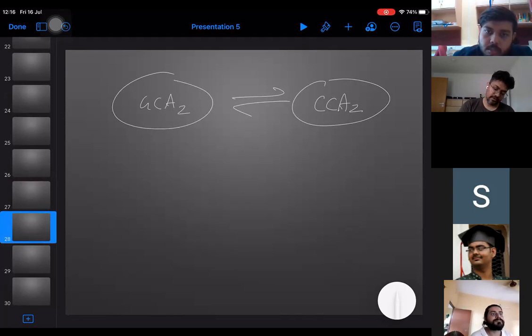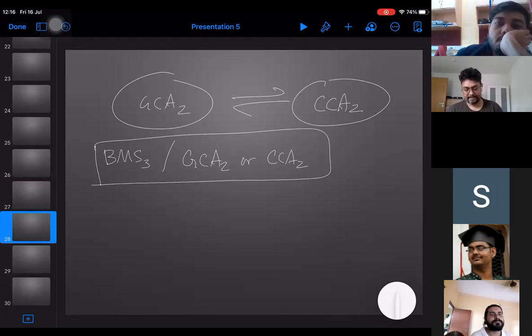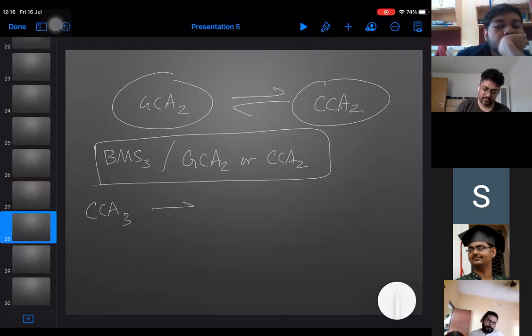Then we also saw that BMS 3 is isomorphic to GCA 2 or CCA 2. In the end, we went a little bit further. We also looked at CCA 3, which was isomorphic to BMS 4 in terms of the algebra.